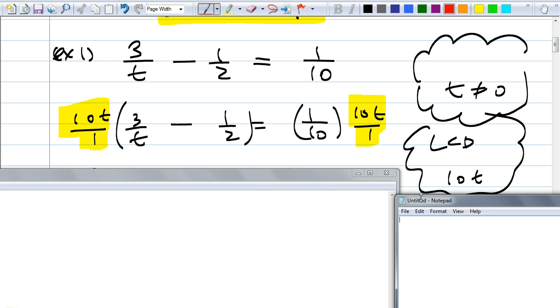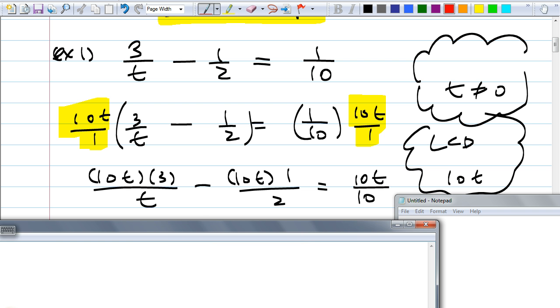Well, let's just write it. You get 30t over t minus 10t over 2 equals 10t over 10. Andrew said when I simplify this, what do I get? This whole thing just simplifies to? 30t. Are you sure?